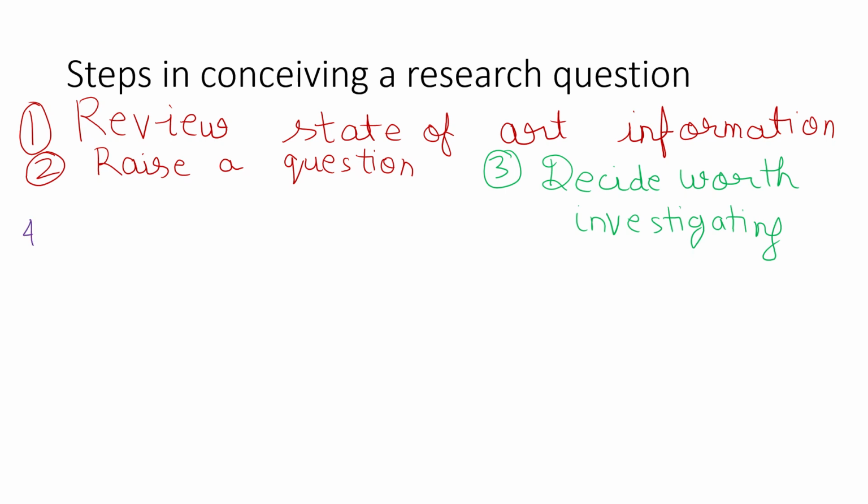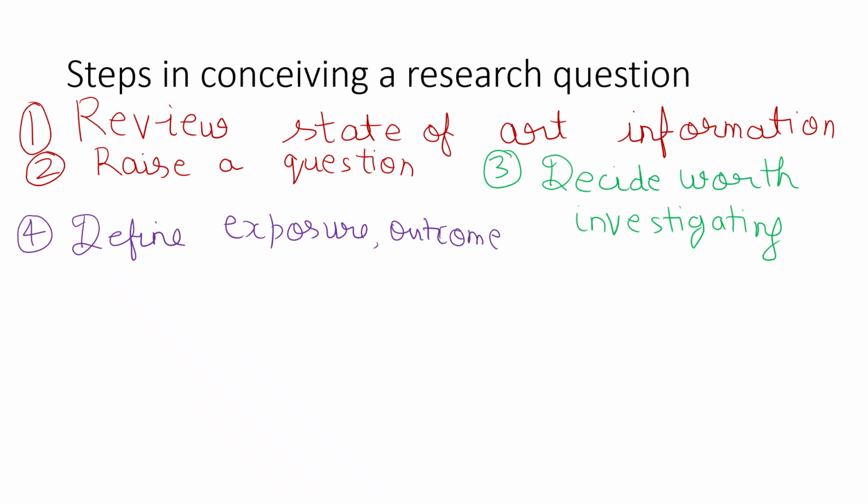Then we will define measurable exposures and outcomes. Define exposure, outcome, like in a case control study, cases and controls, we see the exposure and outcome. In cohort also, we measure the relative risk. Then after that, we will be sharpening the initial question.